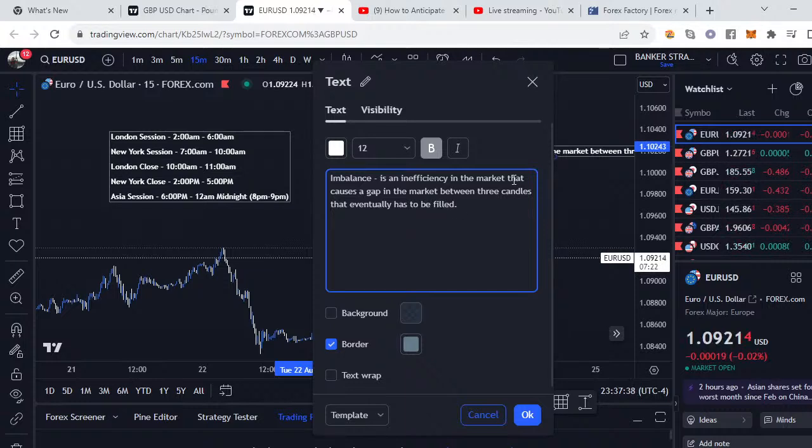It doesn't have to be filled right away. It doesn't have to be filled today, tomorrow, next week. It could be filled in a year from now, but it has to be filled at some point.